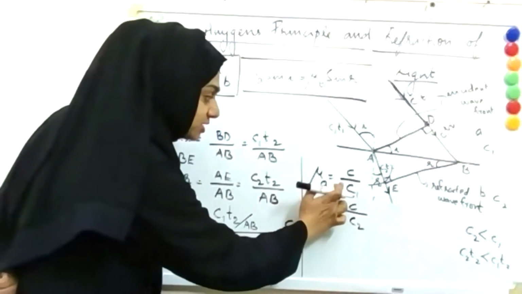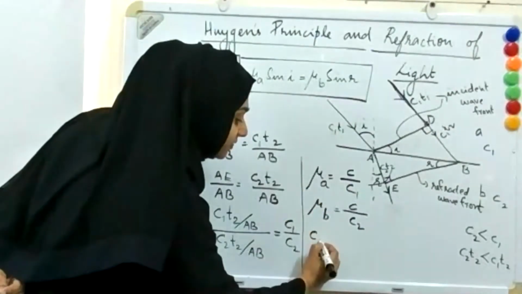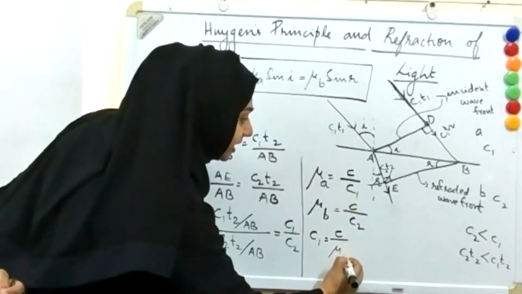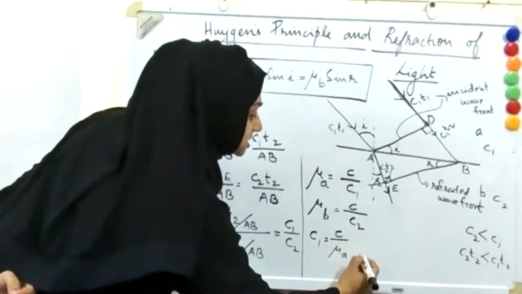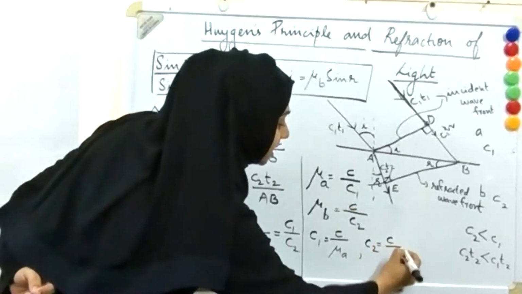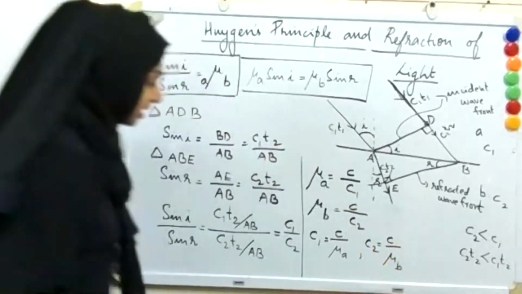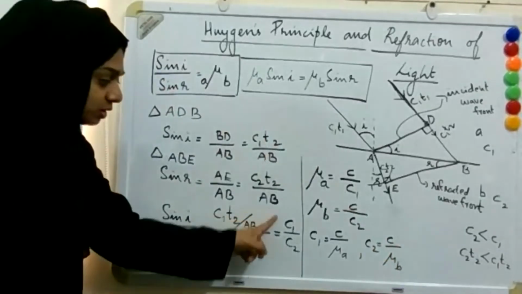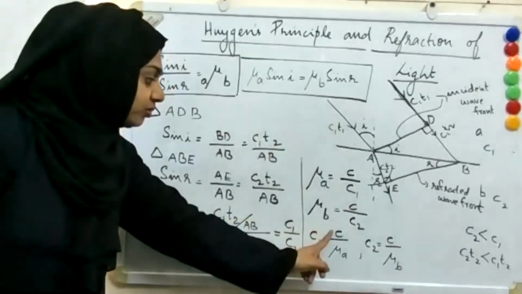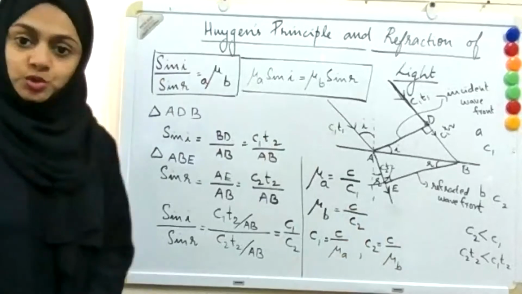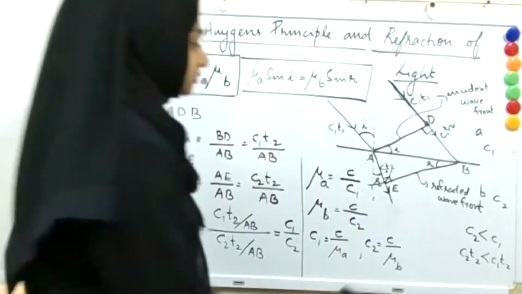So from this equation I can write C1 is equal to C by mu A. Similarly, C2 is equal to C by mu B. So here in this equation, sin I by sin R is equal to C1 by C2. I'm going to put C by mu A divided by C by mu B.